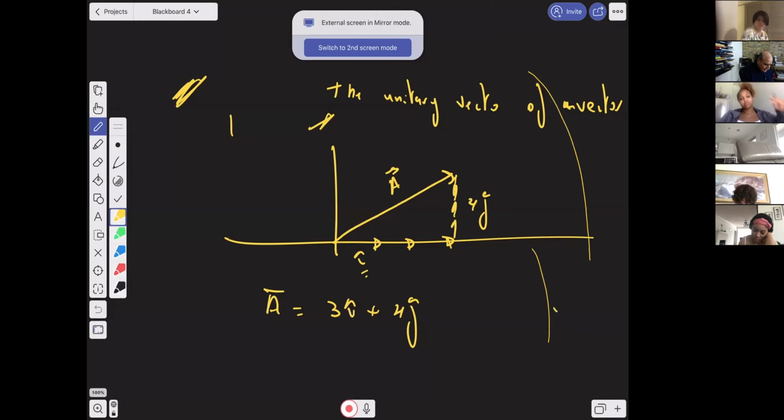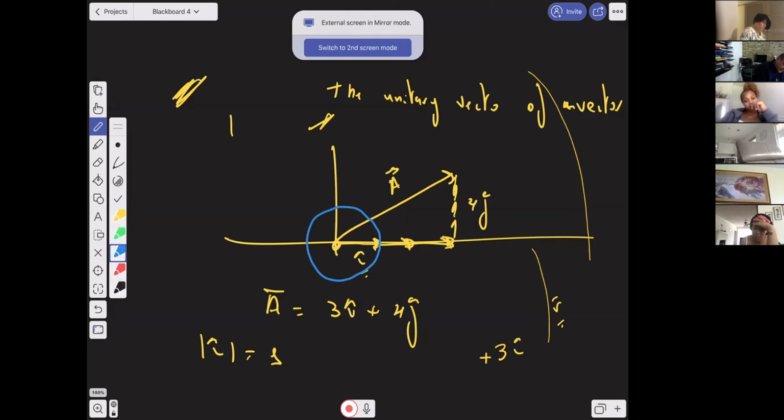If A is a position, 3i means move to the right 3 meters: 1, 2, and 3. The magnitude of i is 1. So the question is like this. If I make a circle around i, rotating from this point, it will have magnitude 1.